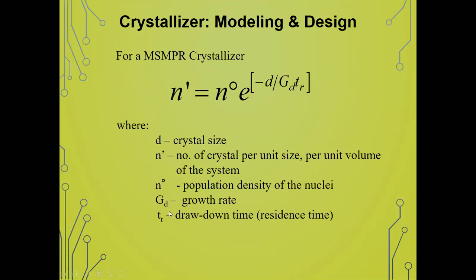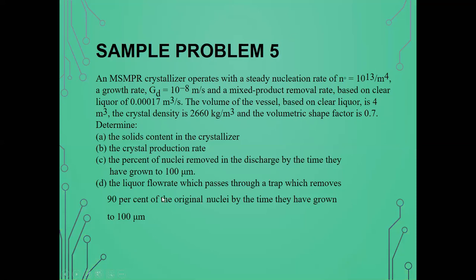Again, empirical in nature. So we have this last sample problem for an MSMPR crystallizer, which is operating with a steady nucleation rate of N naught equal to 10^13 per meter^4, a growth rate G sub D equal to 10^-8 meters per second, and a mixed product removal rate based on clear liquor of 0.00017 cubic meter per second.